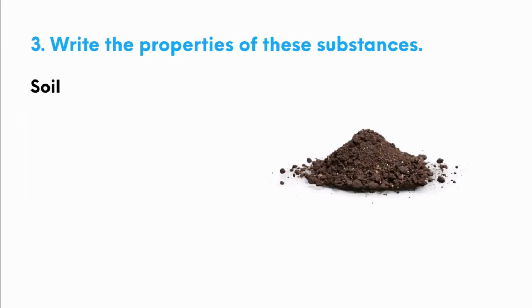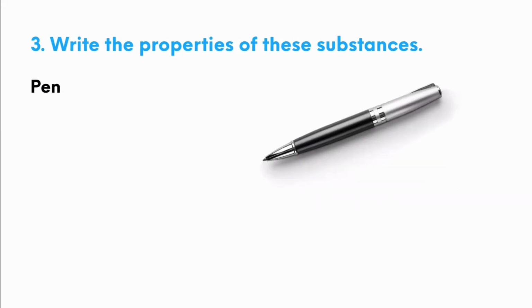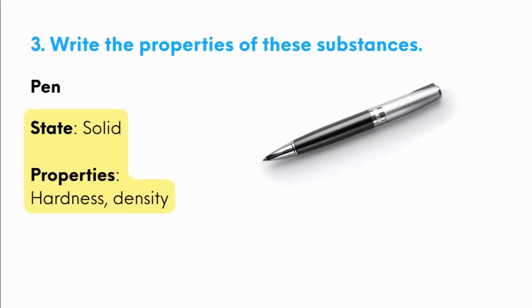Next substance is soil. Soil is also a solid substance and soil has the properties brittleness and density. Next substance is paint. Paint is a solid substance and it has properties hardness and density.